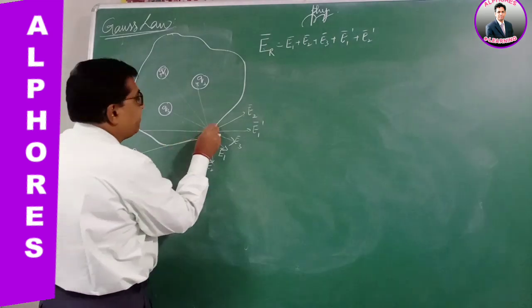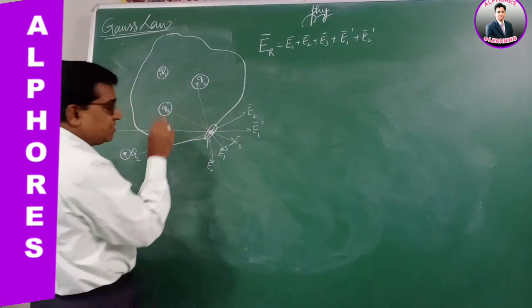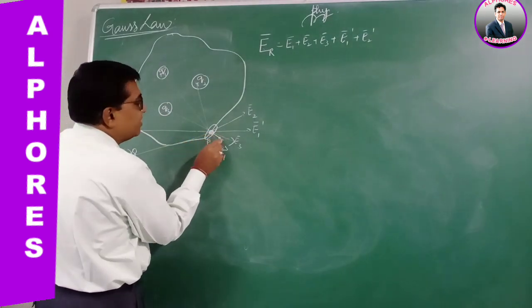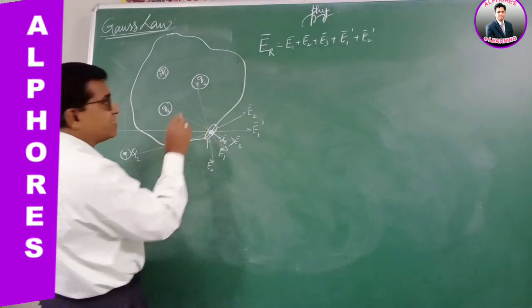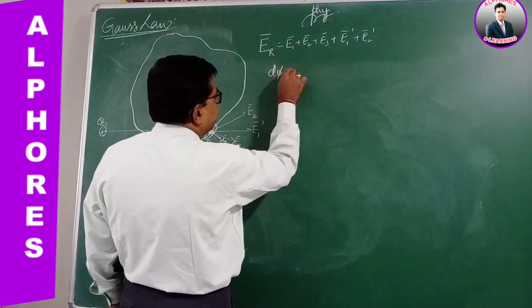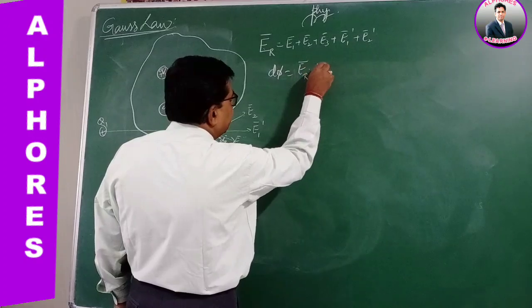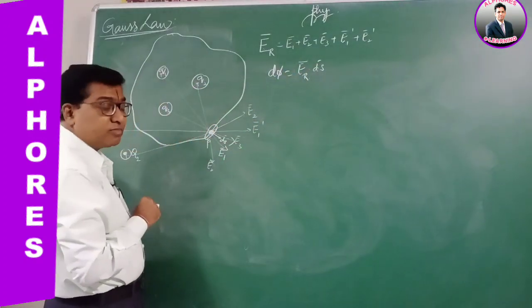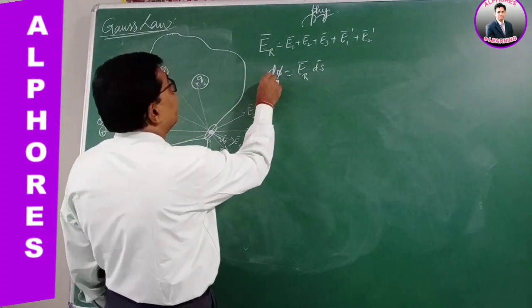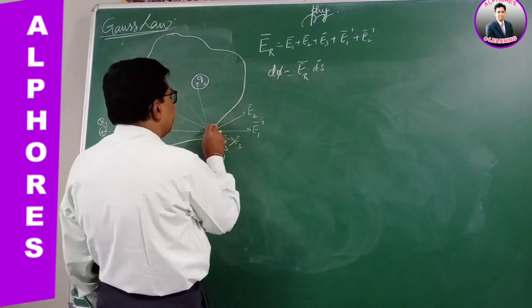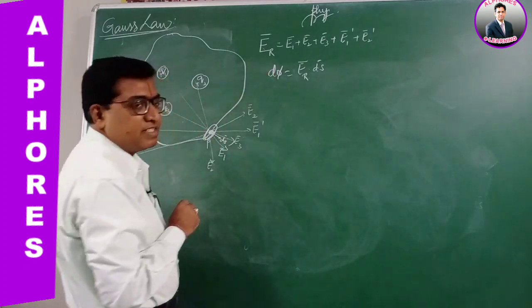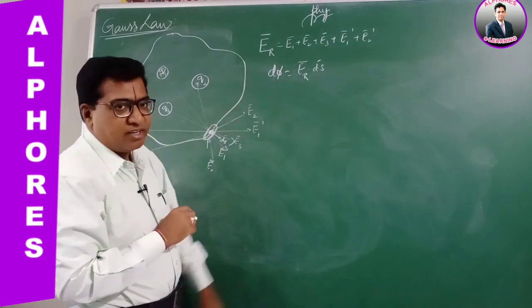Now here if I take a small area element, surface area dS, the small flux through that, d phi, is the net electric field intensity at that point dot dS. So the small flux through that area element is d phi equals E resultant dot dS.